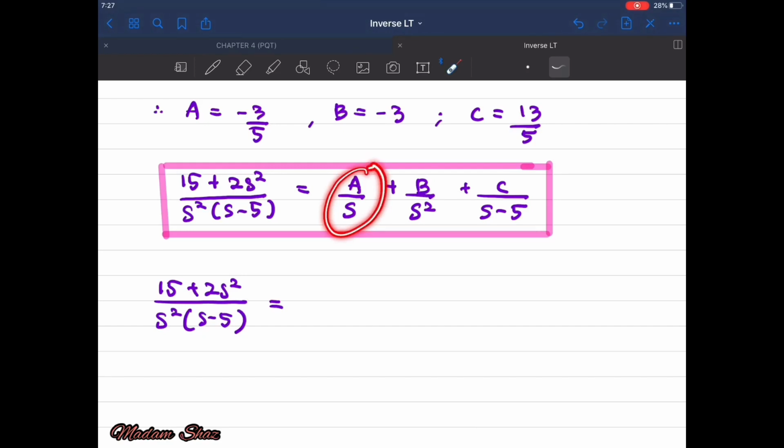So a over s will become negative 3 over 5 over s, plus b over s square. B will become negative 3. Negative 3 over s square plus c over s minus 5. So c will become 13 over 5.